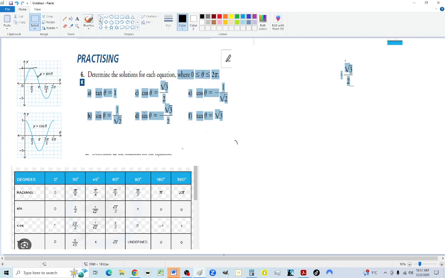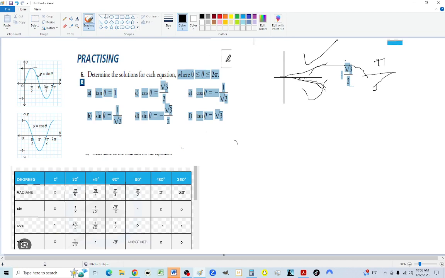Now, cosine is positive in quadrants 4 and 1. So that means we're talking about square root of 3 over 2, which is 30 degrees, pi over 6. We're talking about pi over 6 here and pi over 6 here.